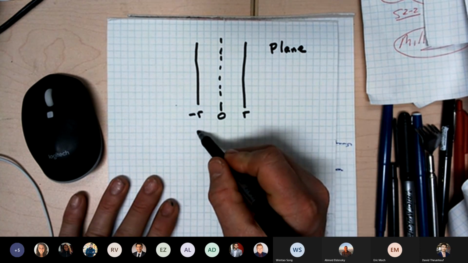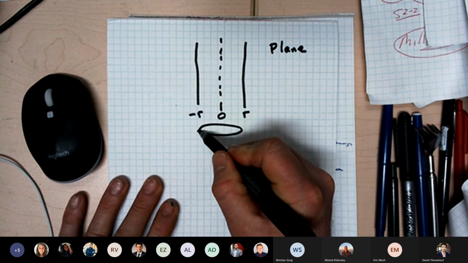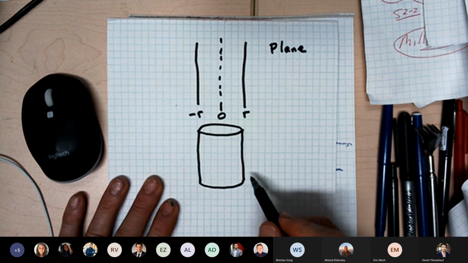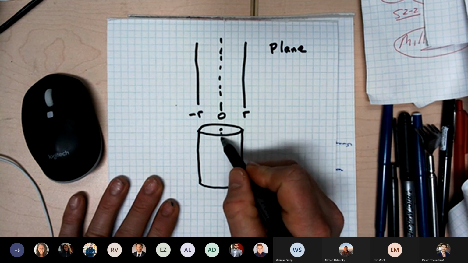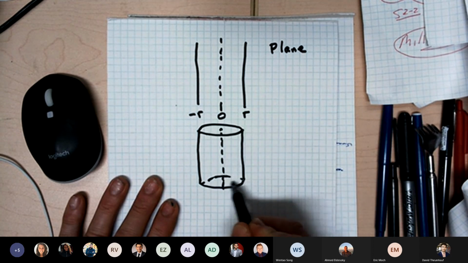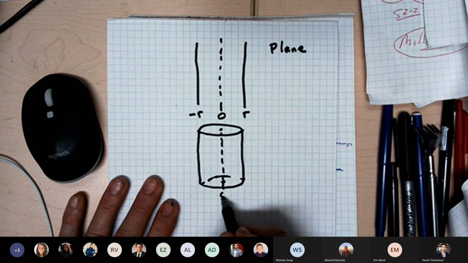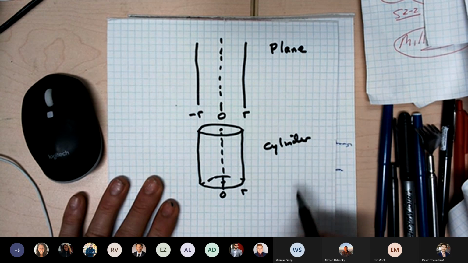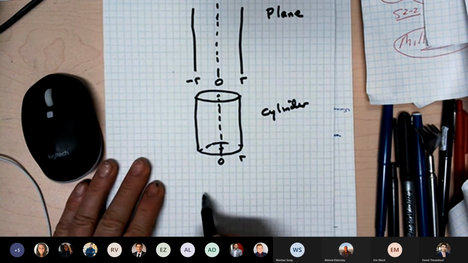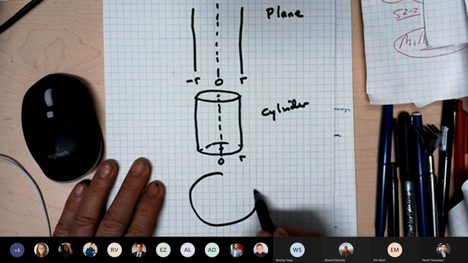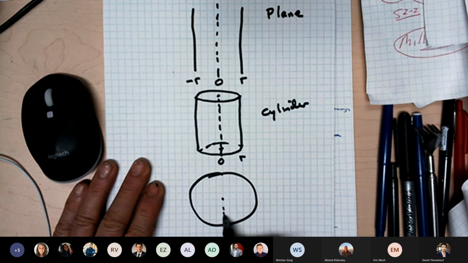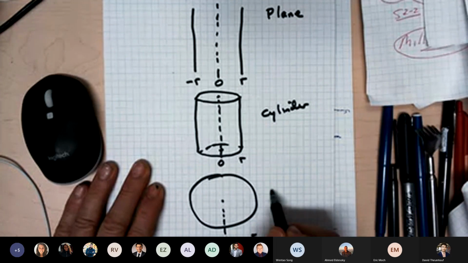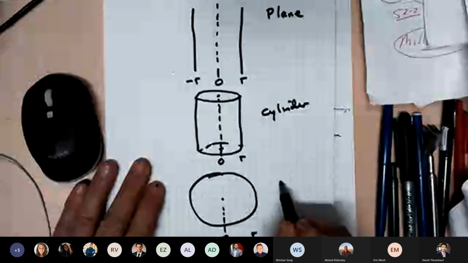And then he treats cylinders, particles where the center is down the middle, obviously. And again, it's 0 at the center and R at the surface, so this is a cylinder. And then finally, he treats spherical particles, where again, at the center, its coordinate is 0, and at the surface, it's R, okay? So this is a sphere.